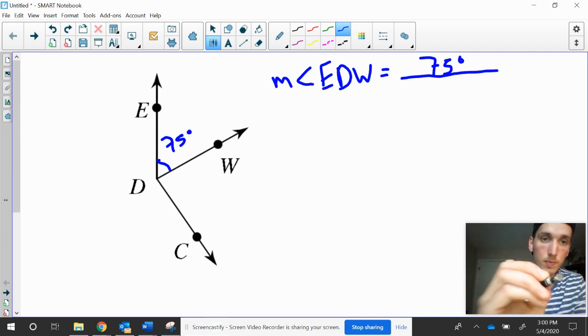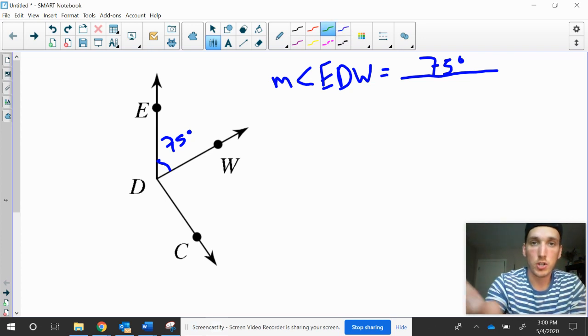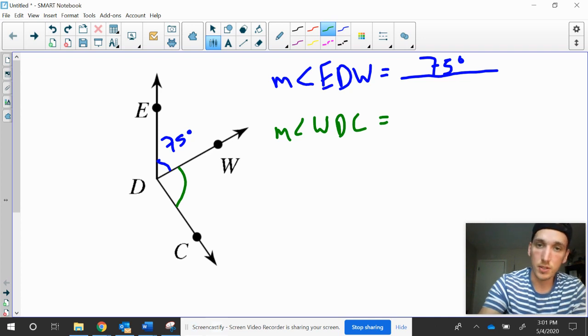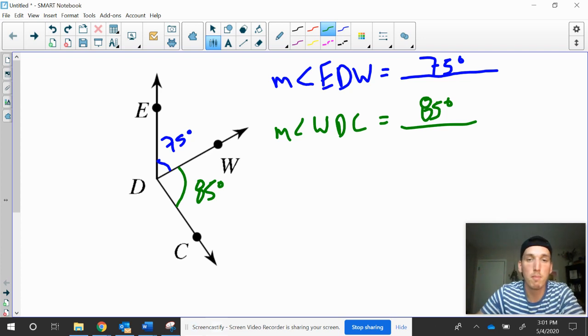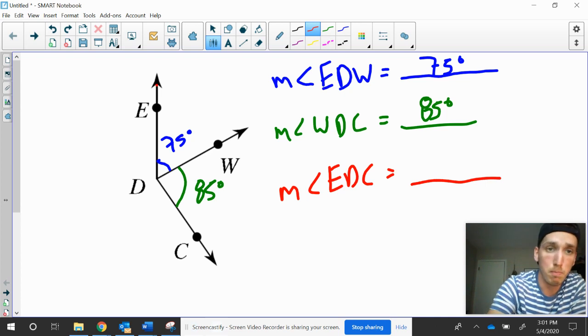And let's say the measure of this angle right here, WDC, is 85 degrees. What's the measure of angle EDC, this big angle right here?